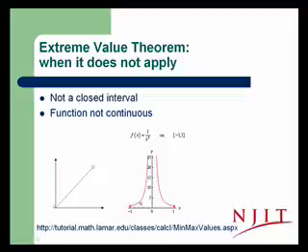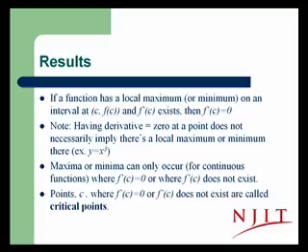So the minimum value is 1, but the maximum value is not actually attained because the function is not continuous. As a matter of fact, the function does not exist at x equals 0. So the function must exist on a closed interval and must be continuous in order for the conditions of the extreme value theorem to hold, such that the maximum and minimum values have to be attained on the interval.